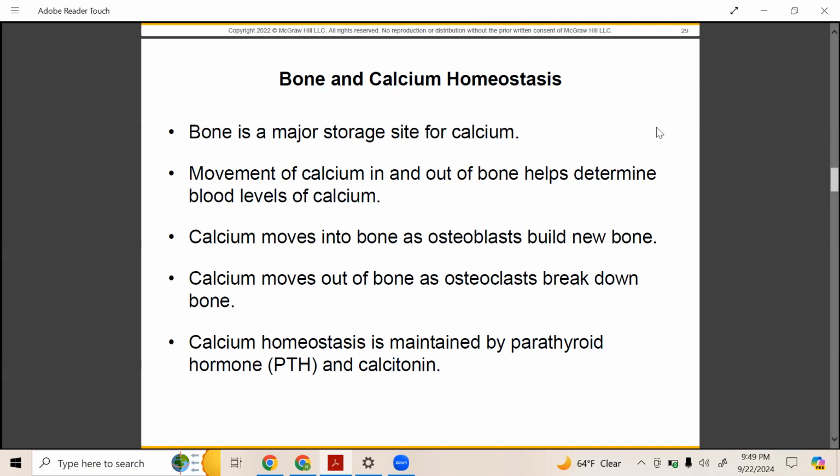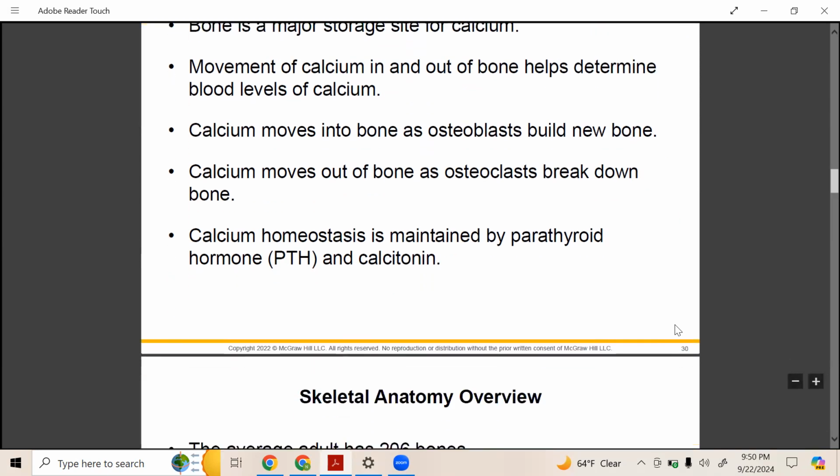And the way that we maintain this homeostasis, or determine whether we're going to break down or build up, is by the hormones parathyroid hormone and also calcitonin. Those two hormones are going to dictate whether we build more bone and bring calcium into the bone, or break down more bone and put more calcium into the bloodstream.